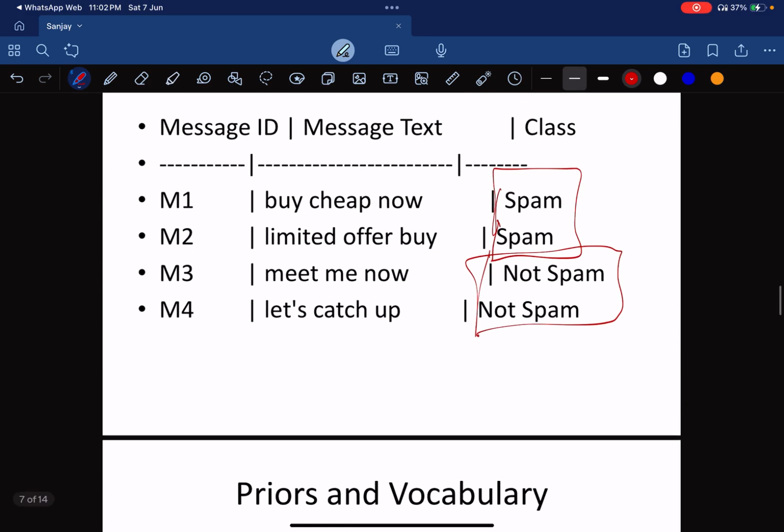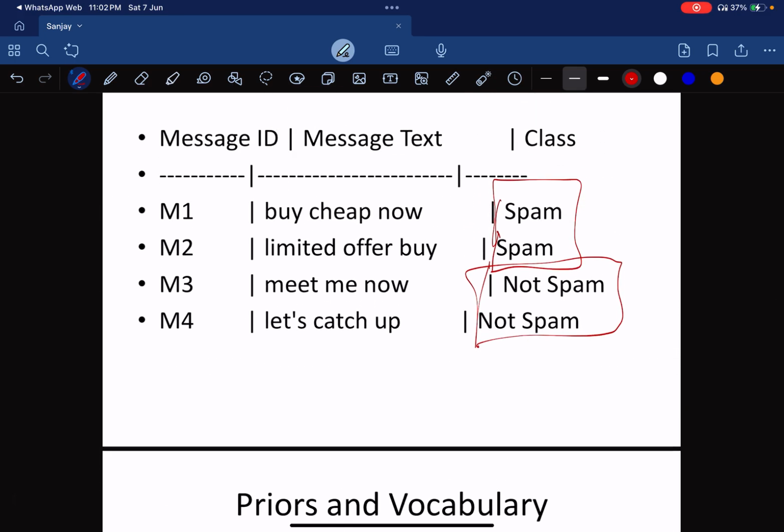First, let me erase this. There are two classes, right? First, it will take the first class, the spam class. It will write all the words and their frequency.